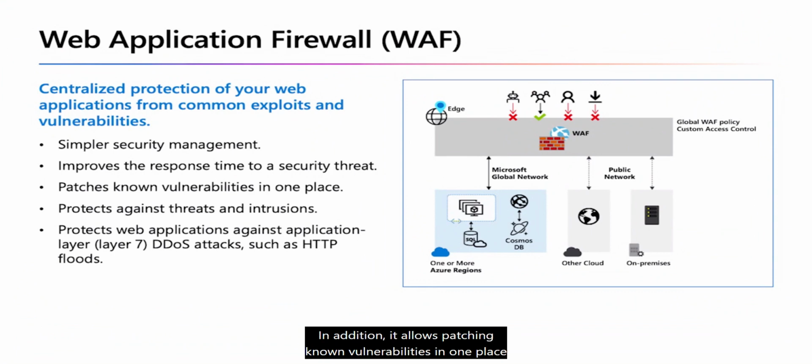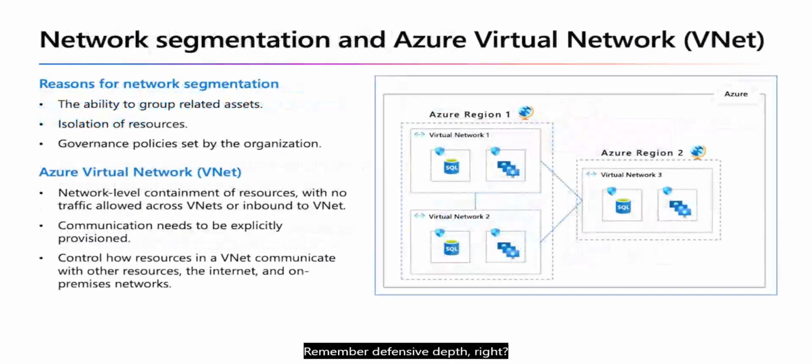In addition, it allows patching known vulnerabilities in one place instead of securing each web application separately. A WAF also gives application administrators better assurance of protection against threats and intrusions. Remember defense in depth, right? We have seen it in session 1. What we covered until now was the protection of the perimeter of the network.